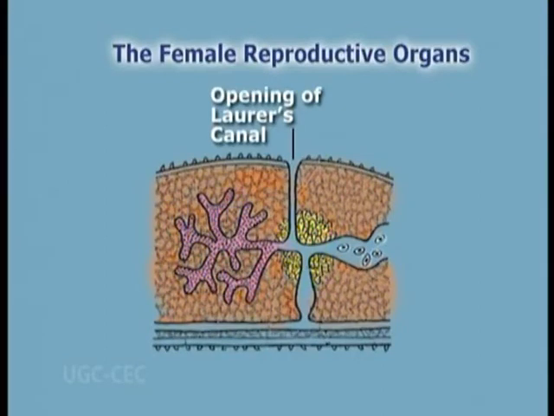So, it is also known as the vagina of the animal. Like this, we have discussed the male and female reproductive organs. Now, how these organs work, how copulation takes place, how fertilization takes place, and how the life cycle gets started, let us discuss.